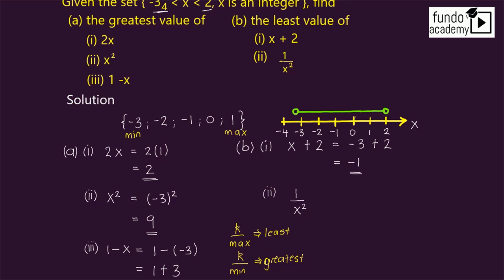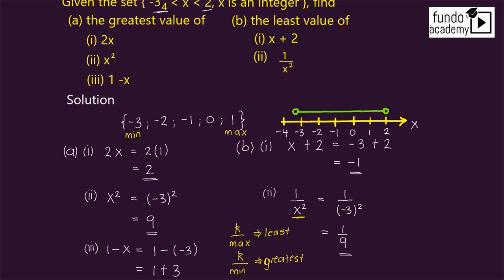And the greatest value of x squared, we obtained in A part 2. It came out as -3 squared, which was 9. So that's equal to 1 over -3 squared, which is 1 over 9. And 1 over 9 becomes the least value of 1 over x squared.